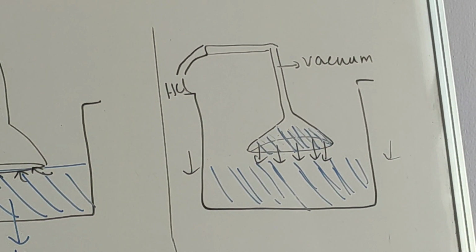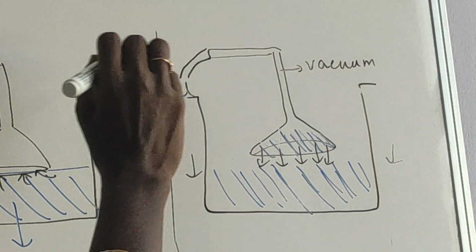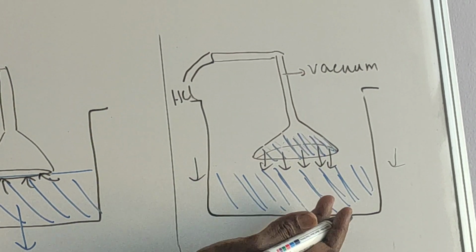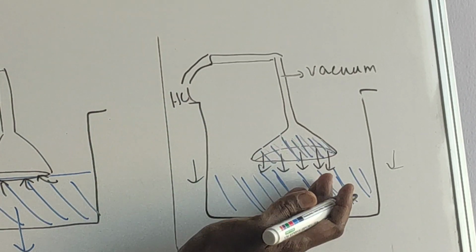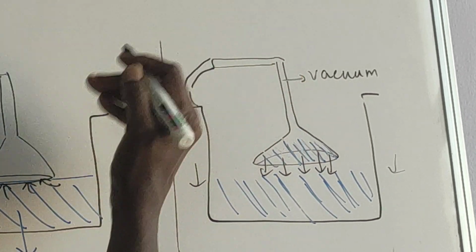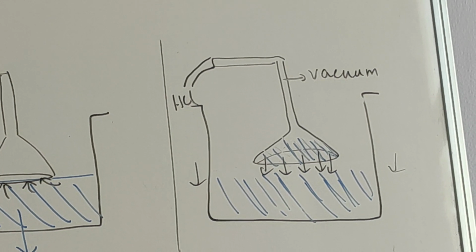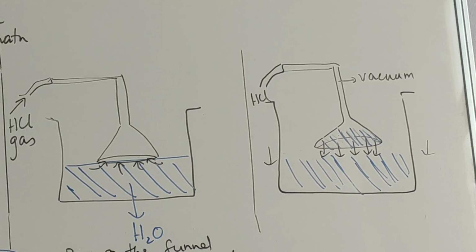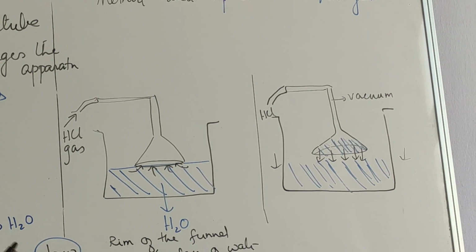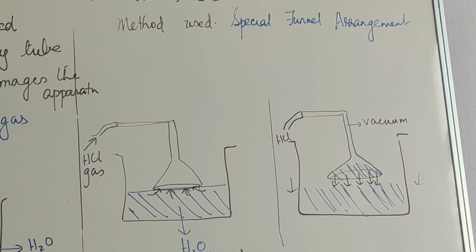Because of this vacuum, there is low pressure here and high pressure here. Again, you can repeat the experiment. The moment you bring it down, again it goes up, again it is absorbed. So this is how hydrochloric acid is formed from hydrogen chloride using the special funnel arrangement.